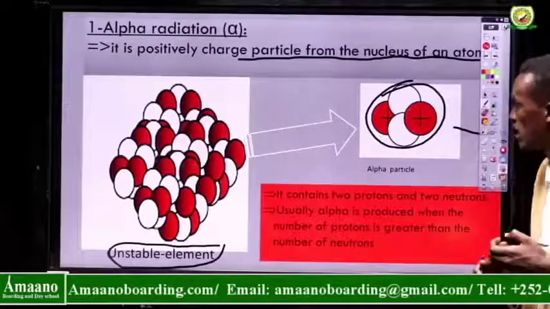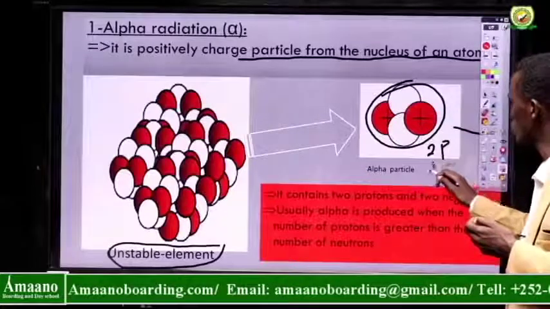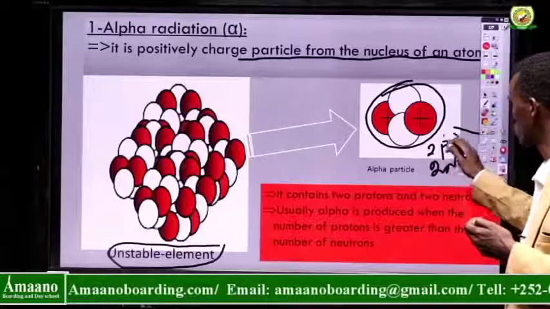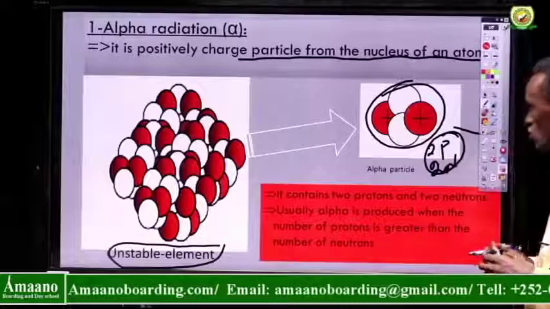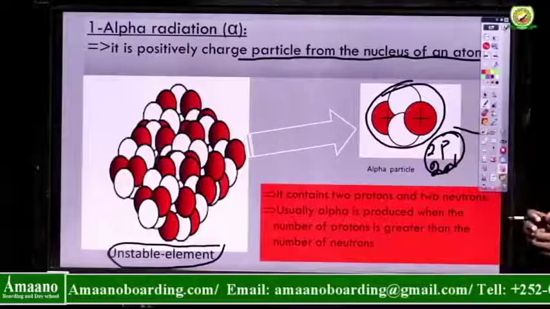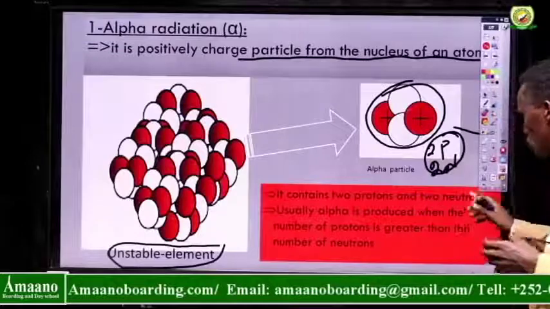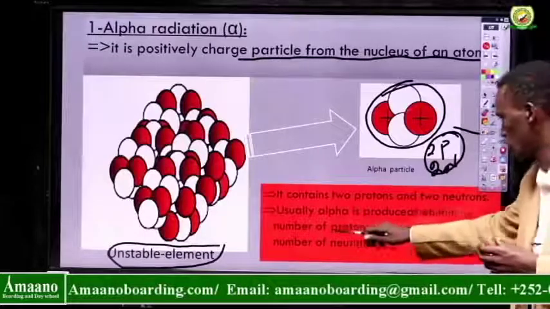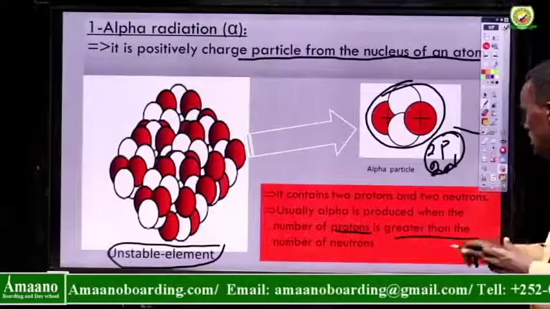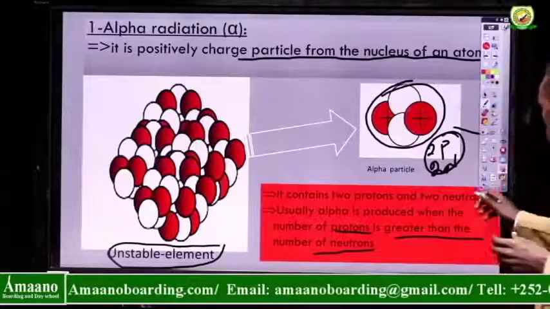So alpha contains 2 protons and 2 neutrons. Alpha is usually produced when the number of protons is greater than the number of neutrons.